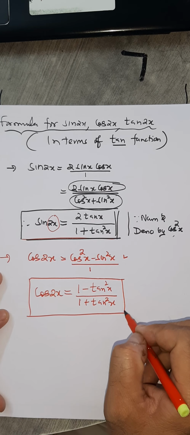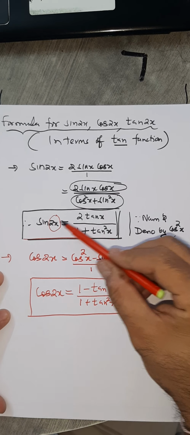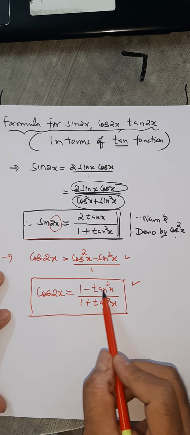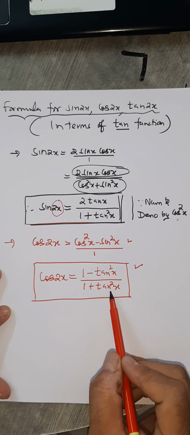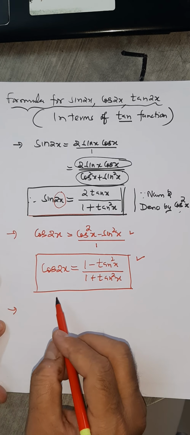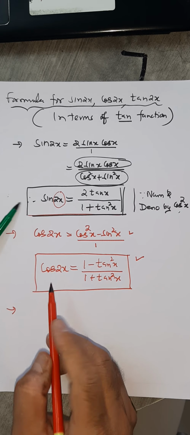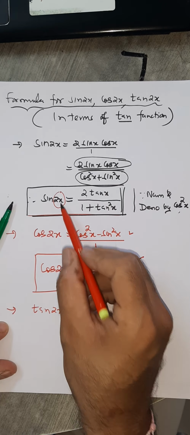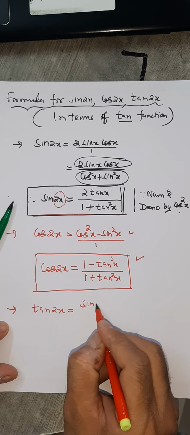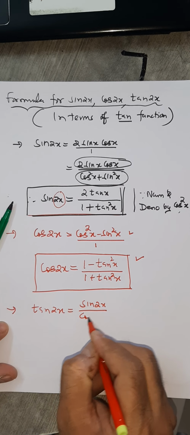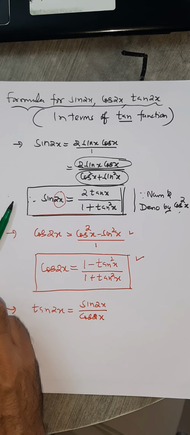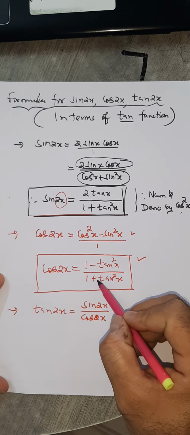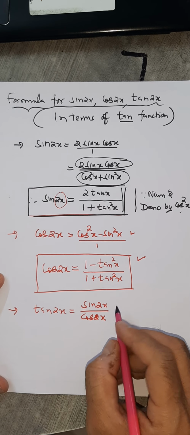Remember, on the right hand side you have half angle. Sin 2x is 2 tan x upon 1 plus tan square x. Cos 2x is 1 minus tan square x upon 1 plus tan square x. And finally, tan 2x, which is just the ratio of these two: sin 2x upon cos 2x. Now put the value of sin 2x, that is 2 tan x upon this, and cos 2x, that is 1 minus tan square upon this.